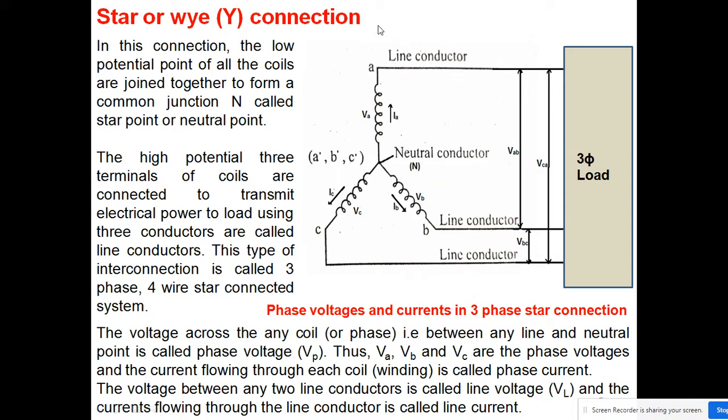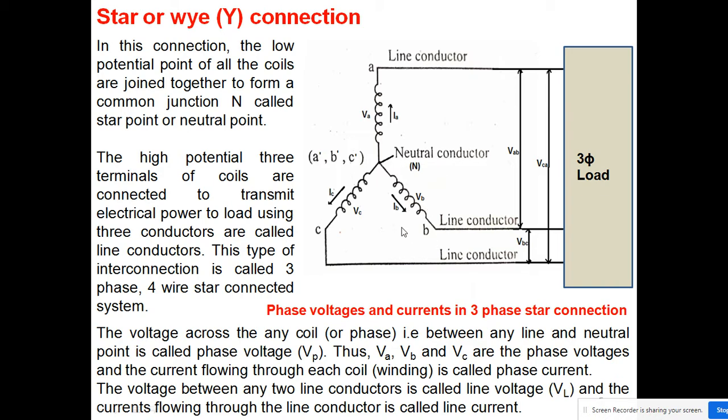So this is line conductor A, this is line conductor B, and this is line conductor C. In this type of interconnection, the star connection I am talking about is called the three phase four wire star connected system. Three are the phase points which we use to connect the load, and one is the neutral. That's why we say four wire star connection.